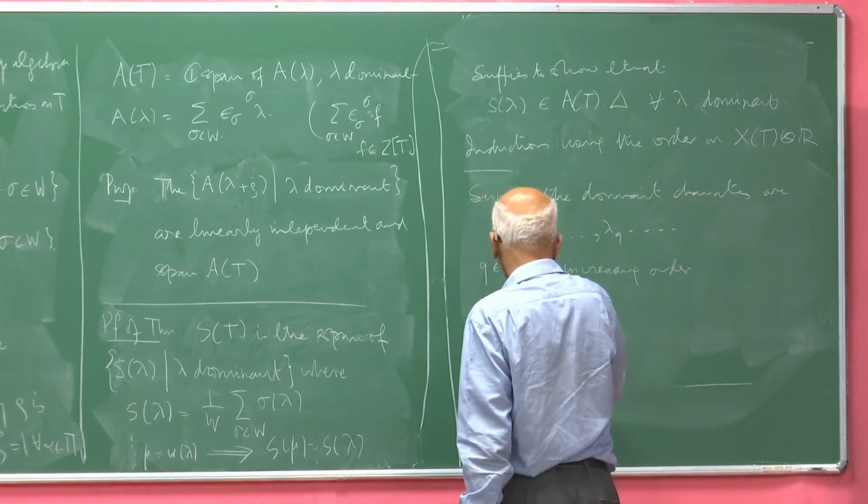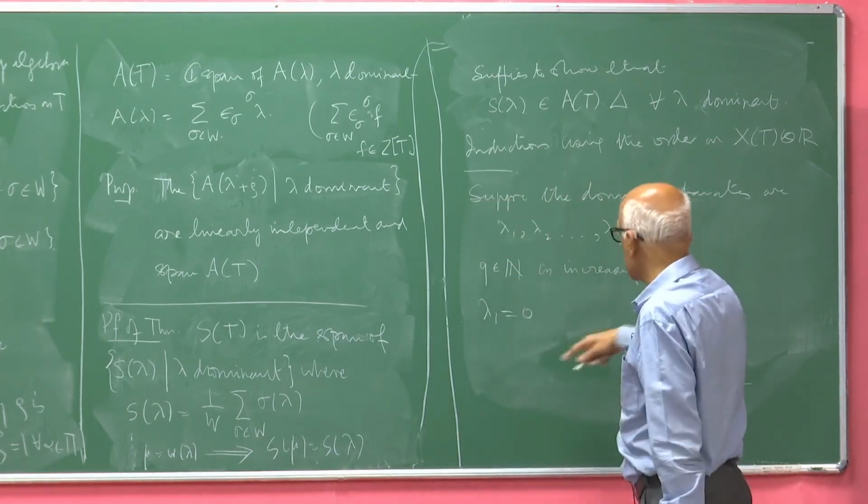Lambda 1 is necessarily 0. I am looking at dominant characters, so lambda 1 is necessarily 0.